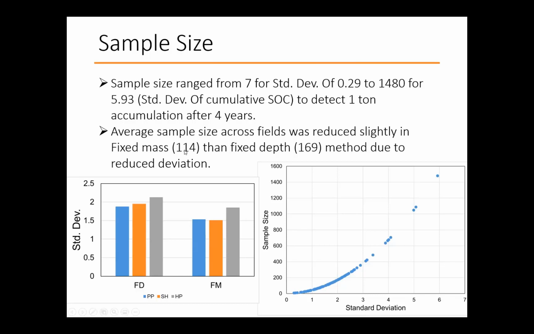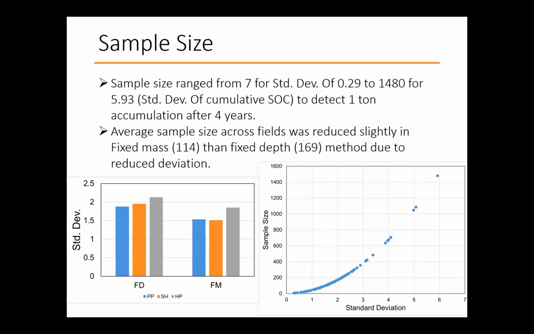Overall, if we compare fixed mass and fixed depth, for each probe the standard deviation was reduced, and this is an average, and the sample size also tends to decrease by 50 samples for fixed mass, but it's still quite a lot. And this is for the standard deviation for 0 to 30 soil organic carbon stock.